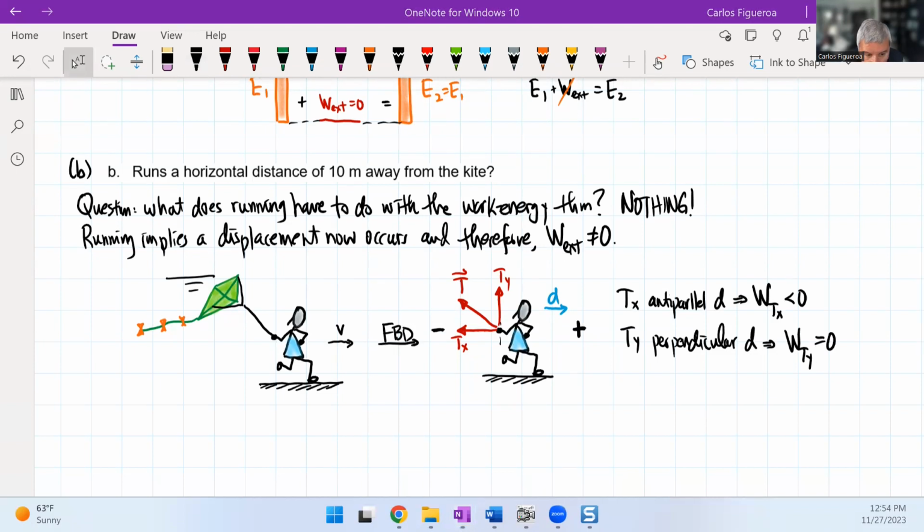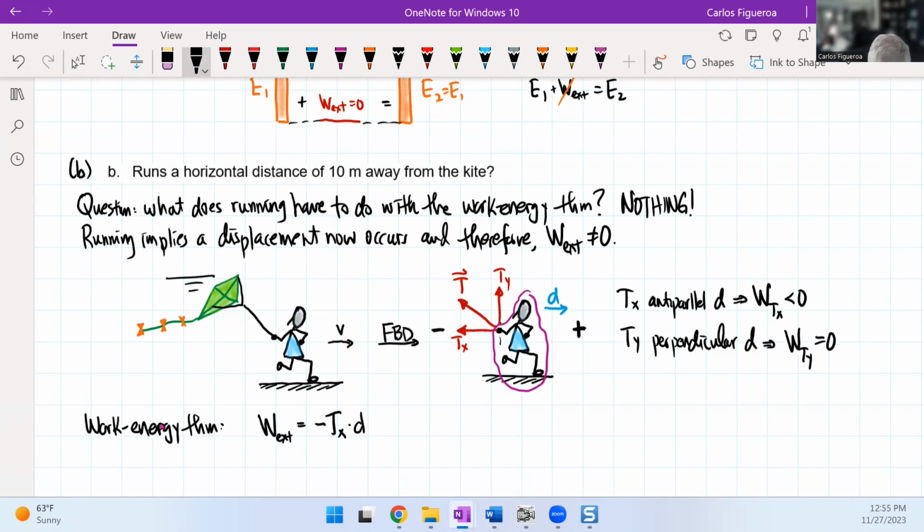So I only have one term here, and so if I calculate this work, what do I find? I then find that the work in this case of Tx, by the way, I should have said this here, this is the work energy theorem. The work external to the girl, just like we did before, this external force in this case is going to be minus the tension in the x direction times the displacement.